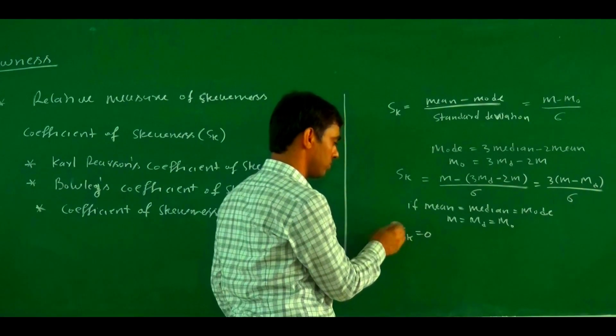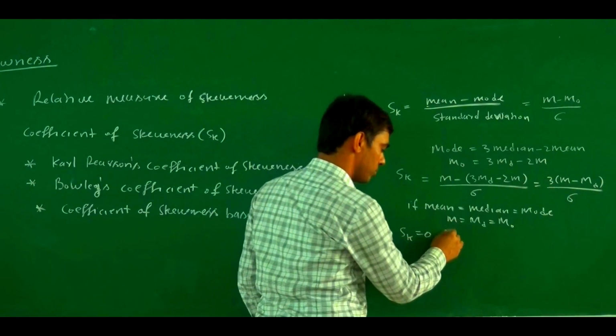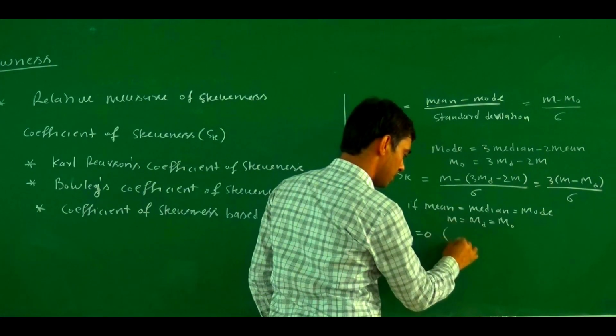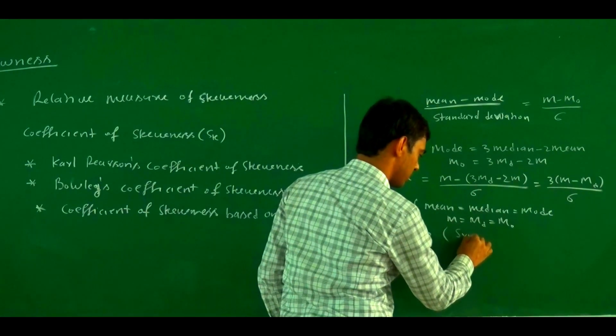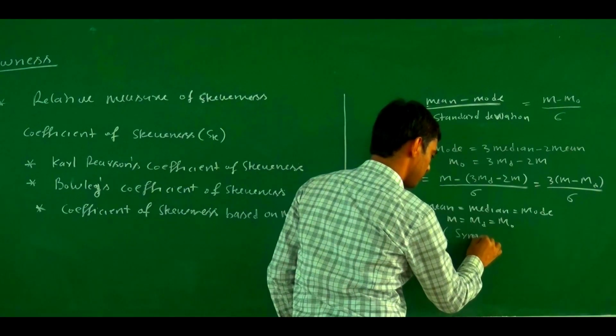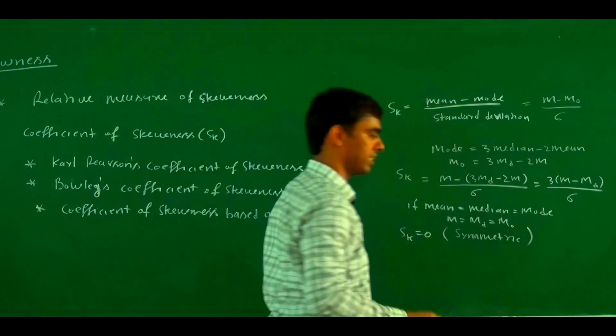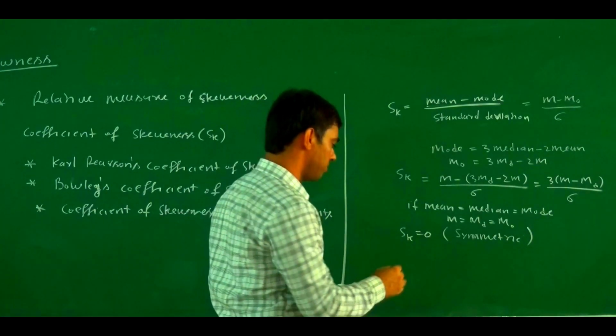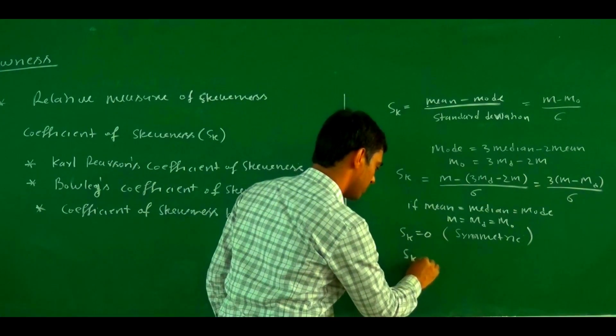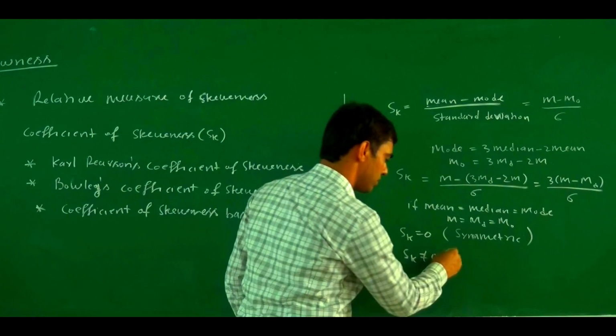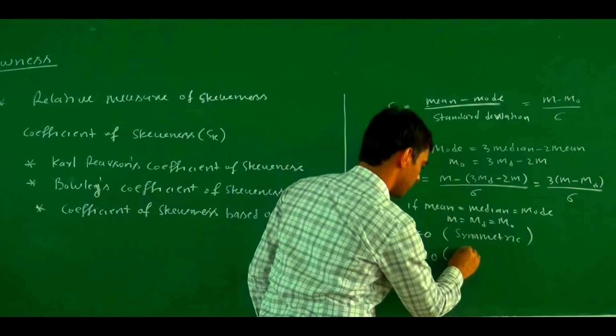If SK equals 0, then it is a symmetric distribution. And if SK does not equal 0, then it is a skewed curve.